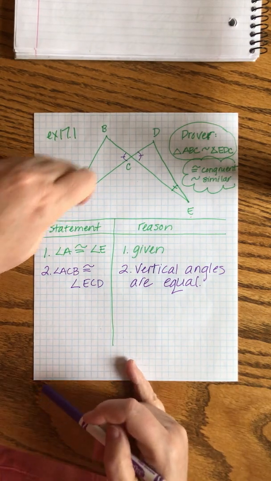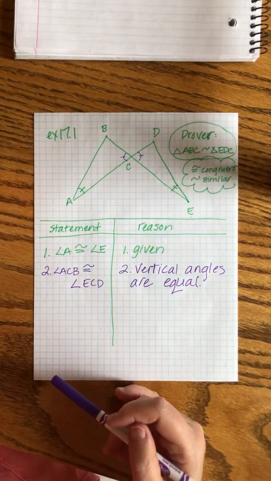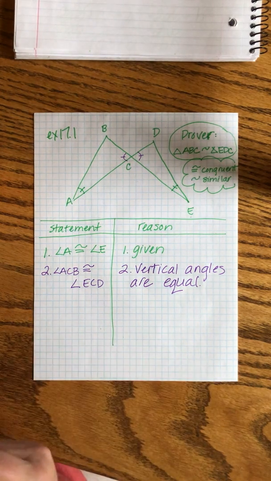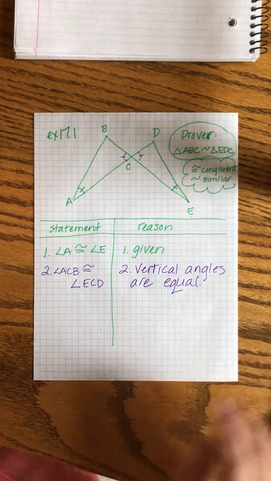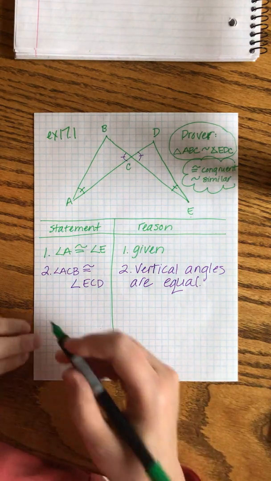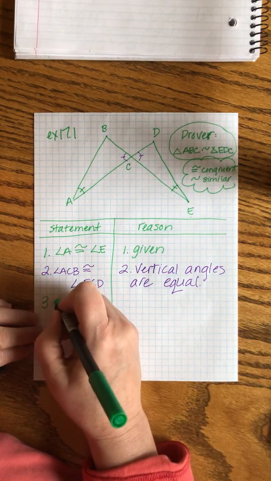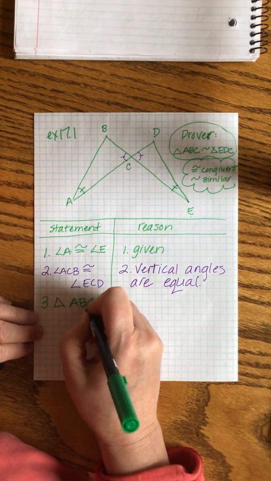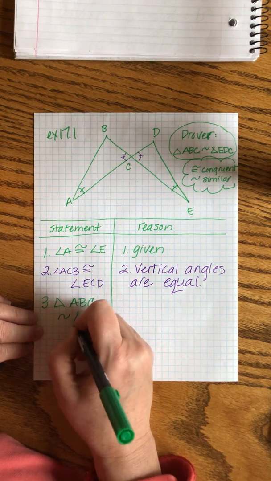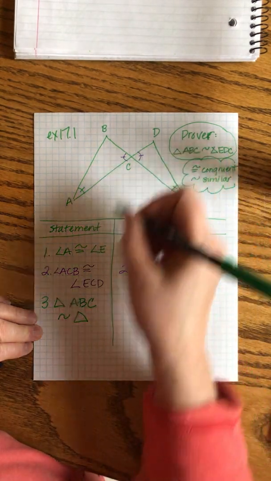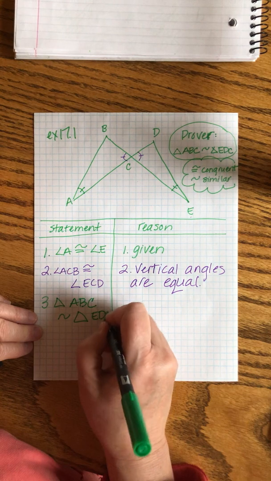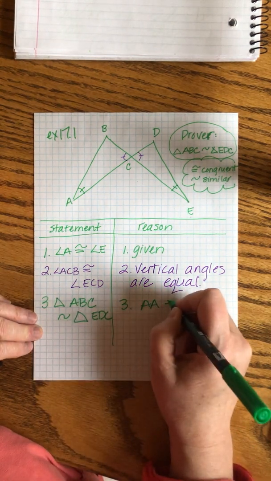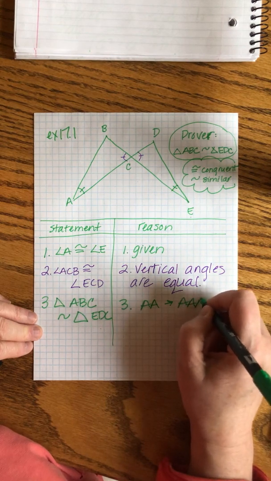But now I know that I've got 2 of the 3 angles. And if I want to, I could stop right here and say that triangle ABC is similar to triangle EDC because of angle, angle, which leads to angle, angle, angle.